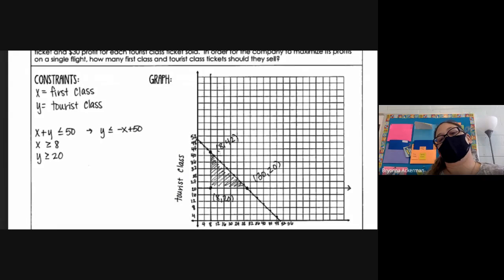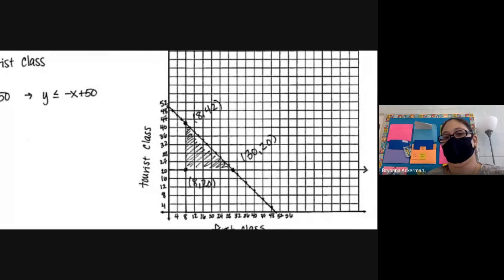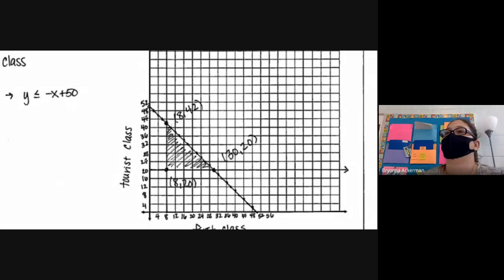So right here we said tourists have to be 20 or more, but you also told me it has to be 42 or under because you have to have 8 passengers. And look, we can see it right there on the graph. Let me zoom in a little for you. It ended up being one of my vertices.